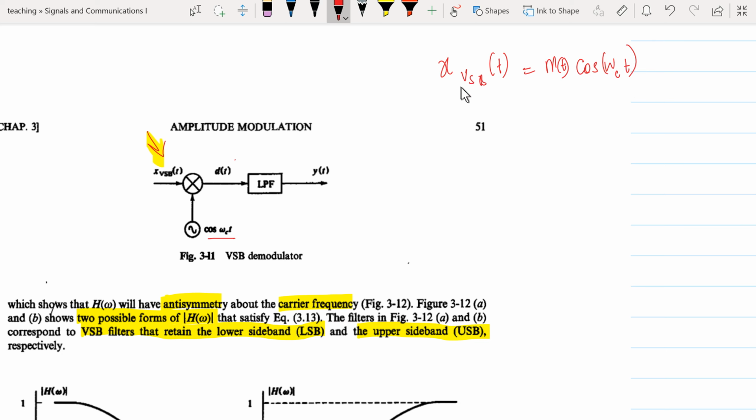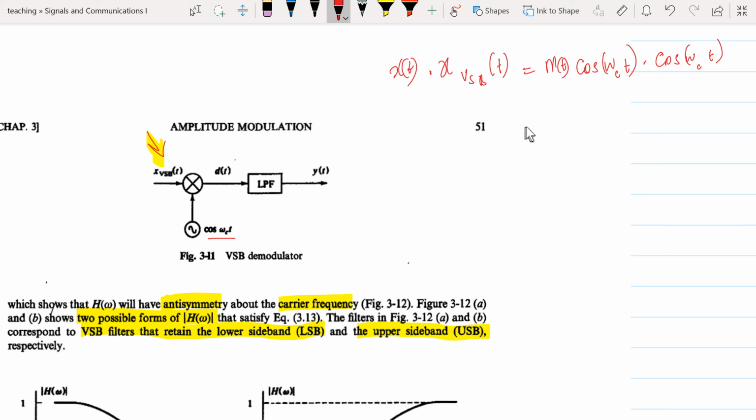And now if you multiply this with the carrier, cos omega_c t, which we normally separate as x(t), and x(t) was equivalent to cos omega_c t.